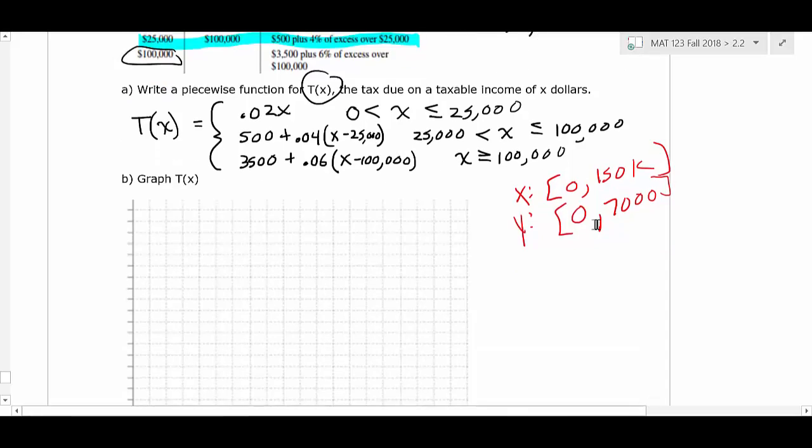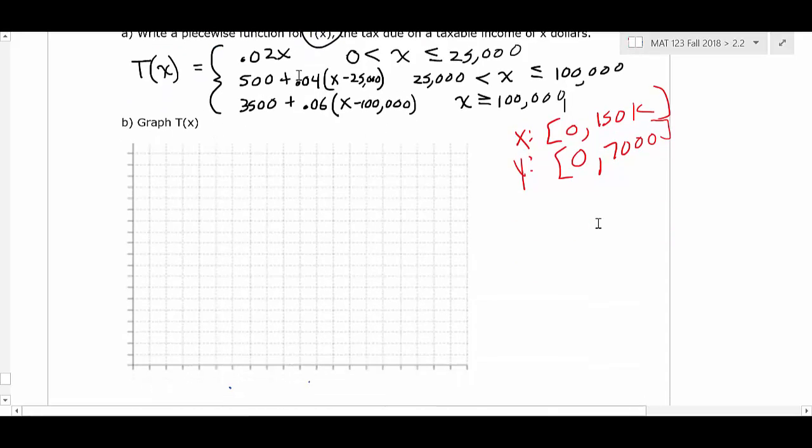Now, we're going to break this up like this. Let's count 1, 2, 3, 4, 5, and that's going to be 25,000. 25K, you can use 25K. Then count to 5 again: 30, 35, 40, 45, 50, so we'll call that 50K.